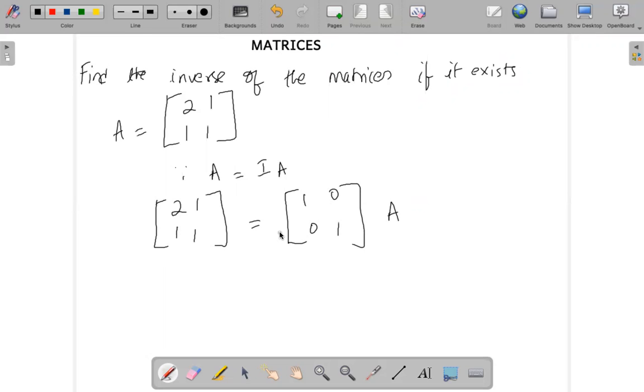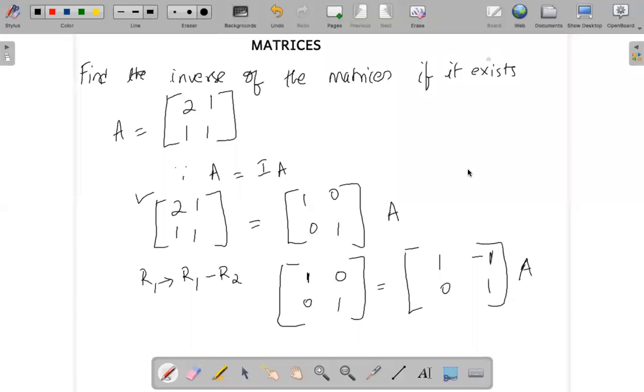Now applying R1 minus R2. Okay, let us apply this. After applying this, we get this.